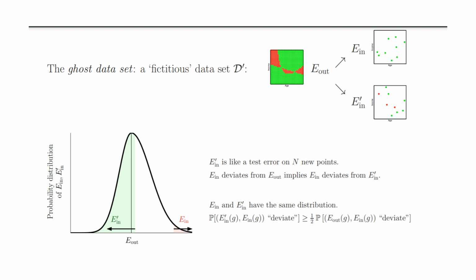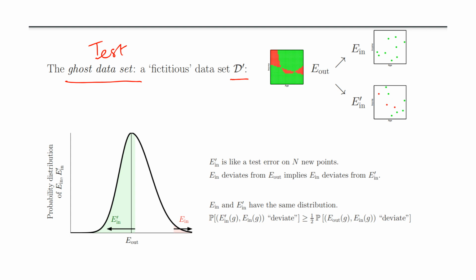Okay. So let us consider that I'm taking another sample from this universe of data, which is now known as D prime. This is a fictitious data set, sometimes called a ghost data set. You can think of it as a test data set. So again, this is another sample.